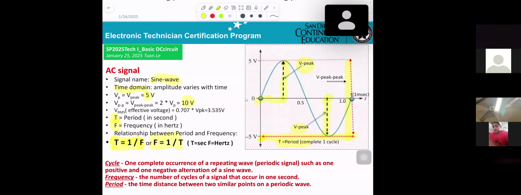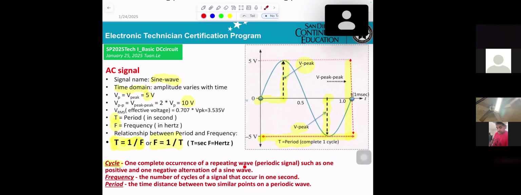So, what I mean by a cycle, okay? One complete occurrence of a repeating wave or periodic signal, such as one positive and one negative alternation of a sine wave.